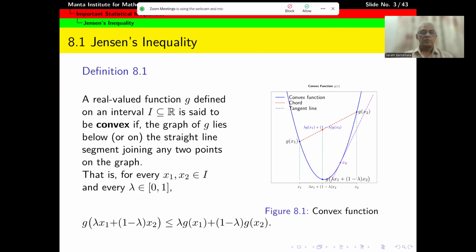Right. So that means the graph will be always below the line segment joining any 2 points on the graph.